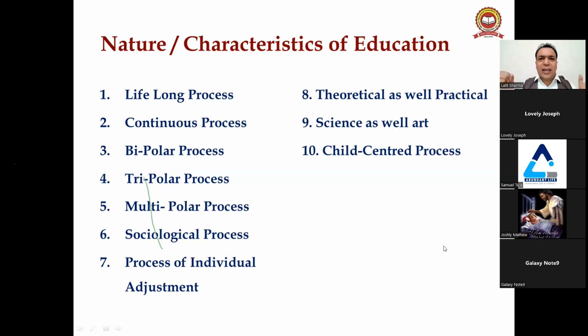It is a science as well as an art. What is the meaning of science? Science means systematic steps. So education is a systematic step as well as an art. Teacher is an artist who molds his material, meaning the student, in his studio, meaning the school, right? So the teacher is an artist.